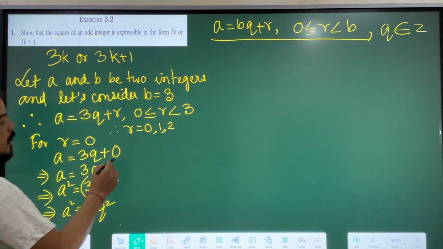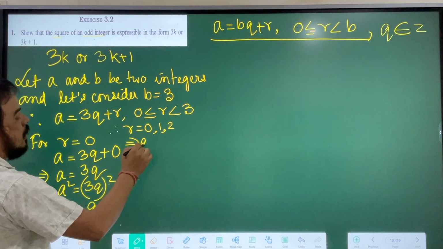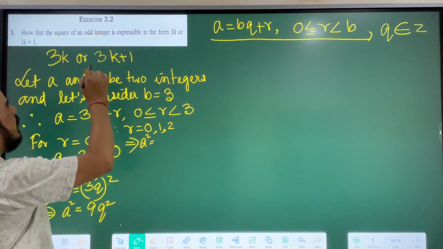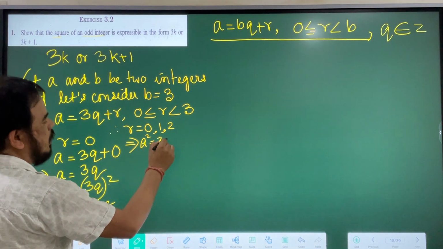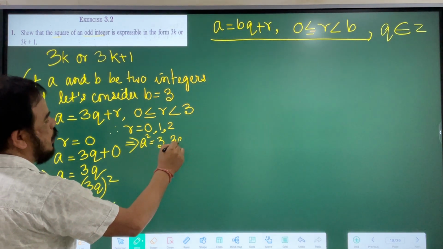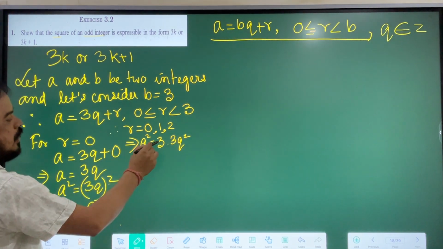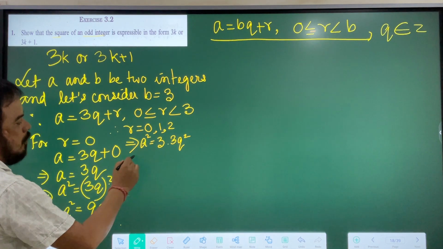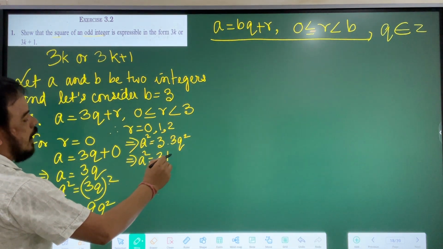I am writing here a square is equal to, there is 3k, so we will make it 3k. 3 into 3q square. 9q square, we can write as 3 into 3q square, because our aim is to make 3k.